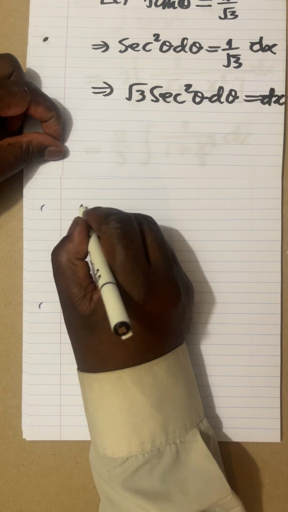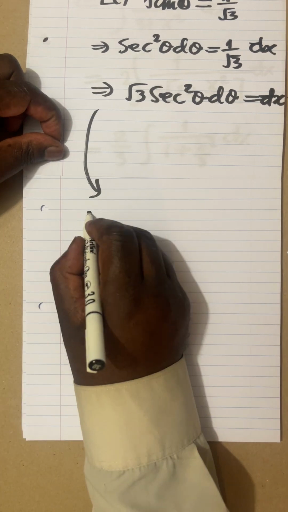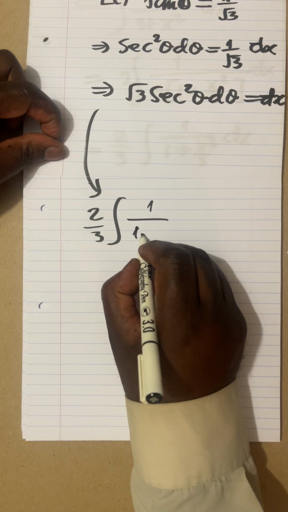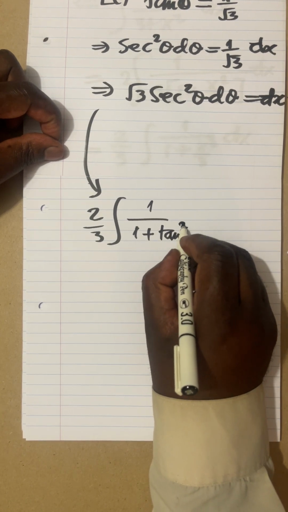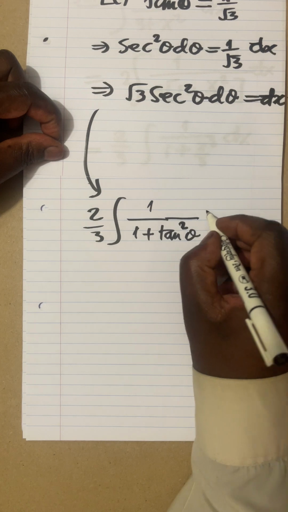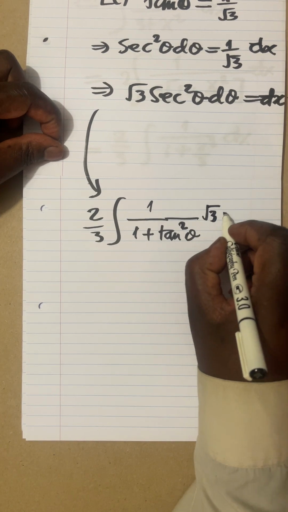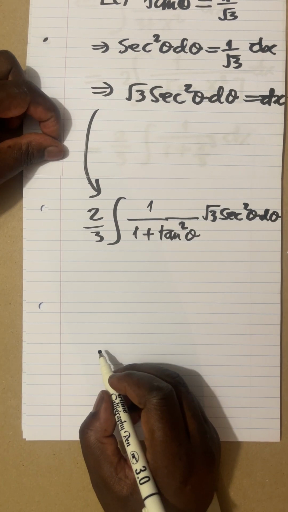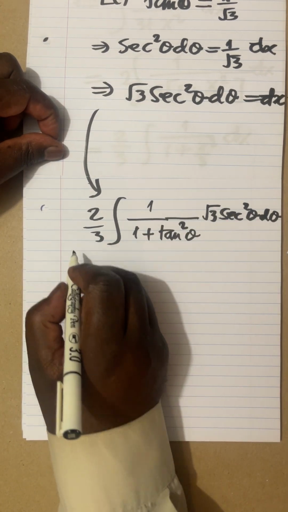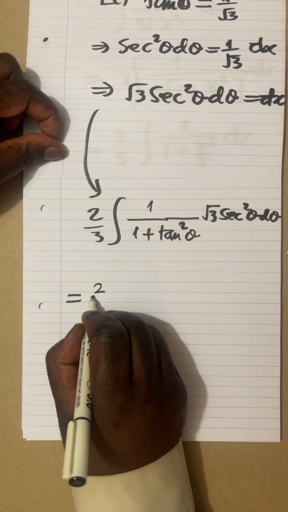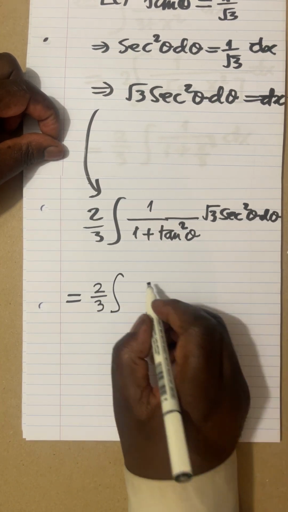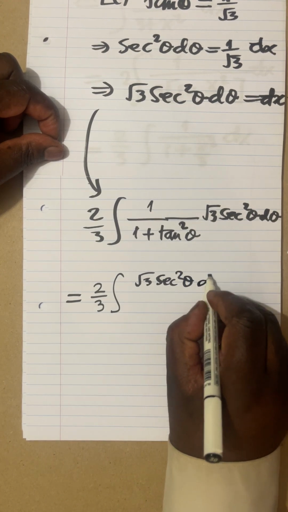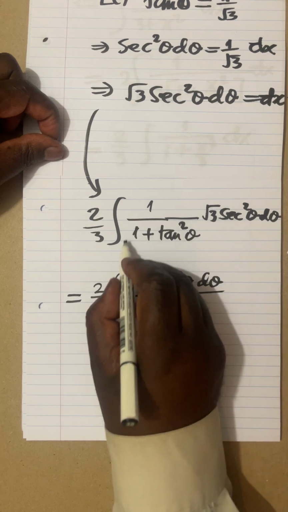I'm saying that integral there is the same as 2 over 3, and then 1 over 1 plus tan squared theta, and up here I'm going to have, remember, root 3 sec squared theta d theta. And if I bring this one up there, this is the same as 2 over 3, the integral of square root of 3 sec squared theta d theta all over this 1 plus tan squared theta.